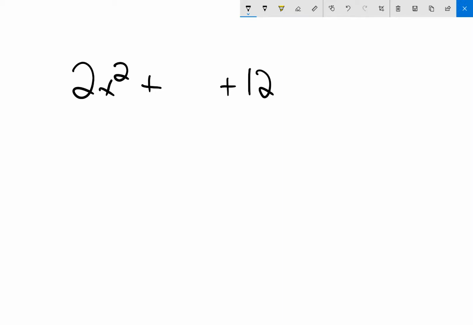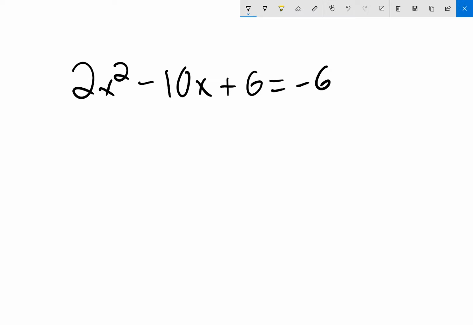So negative 10x. Let's say it's 2x squared minus 10x plus 12. Actually, just to make it a little more interesting, let's say it's plus 6 equals negative 6. Let's say I have this as my quadratic.